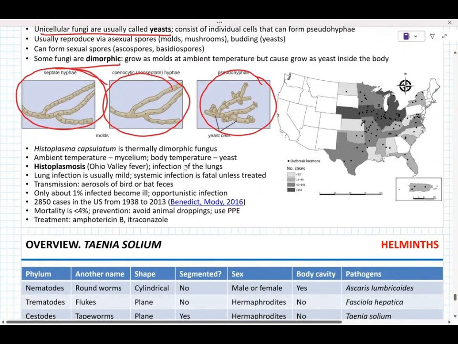One of the examples is here: Histoplasma capsulatum, also known as Ohio Valley fever. It's a fungal infection that is transmitted by inhalation of spores from the environment. The spores usually come from feces of bats or birds. When these feces get aerosolized, people inhale them.